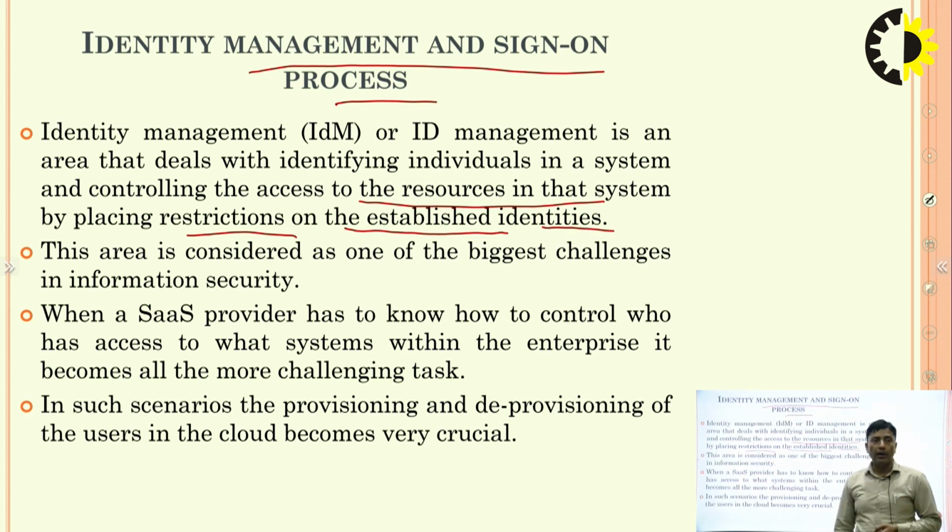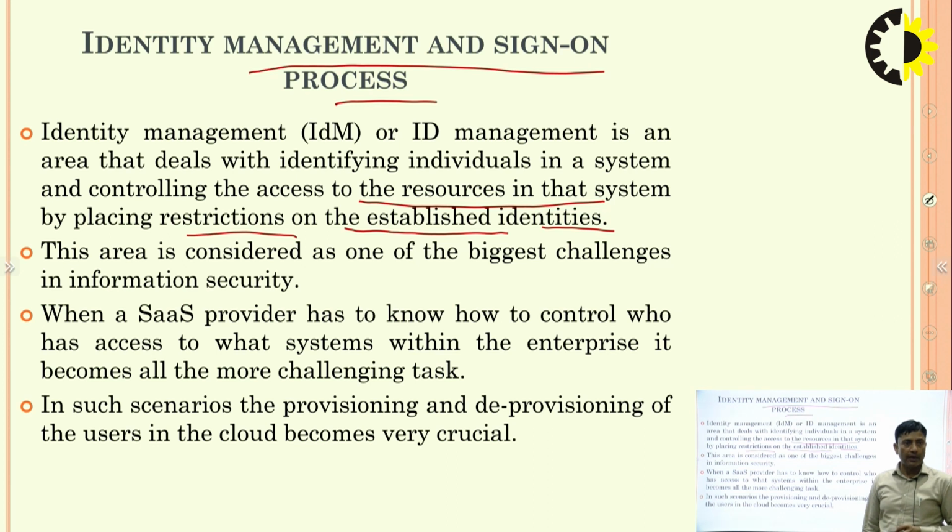So there should be a proper identity management and sign-on process, so that each and every user can log in and use their own data. By using this process, we are also ensuring the authorization process. That means each and every resource is marked with some privileges, and that is given to a particular user, not for all. So this is identity management.